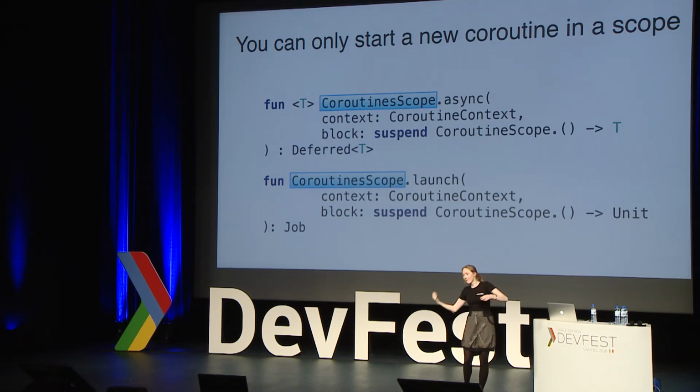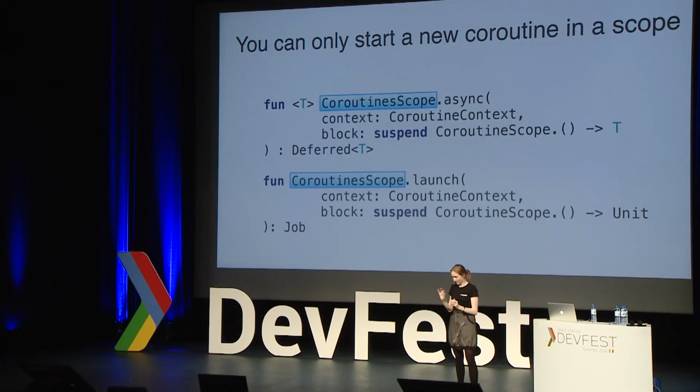Whenever you launch or start a new coroutine, it's always started in this scope. If you don't have some scope, you may specify, okay, start my new coroutine in the global scope. That might be a default option, but a little bit later I'll show you a better solution.